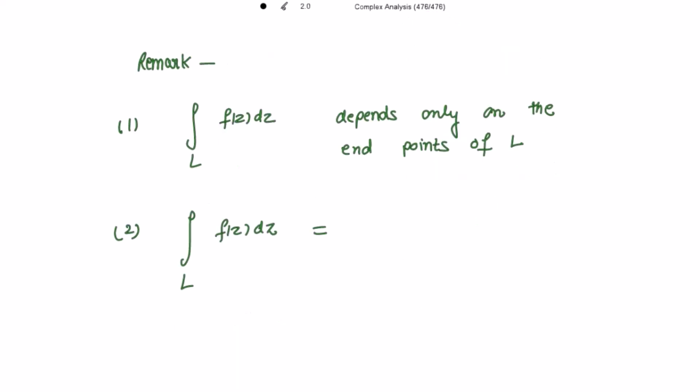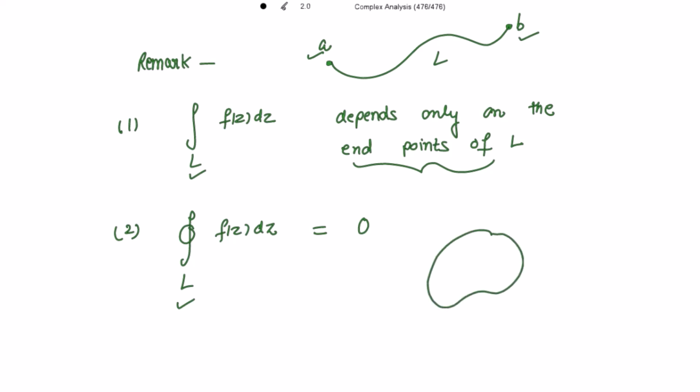Let's read one remark. The line integral of f(z) over L depends only on the end points of the arc L. If this is your arc L, the line integral depends only upon these end points. And if the arc is closed, the line integral of f(z) over any closed curve is 0.